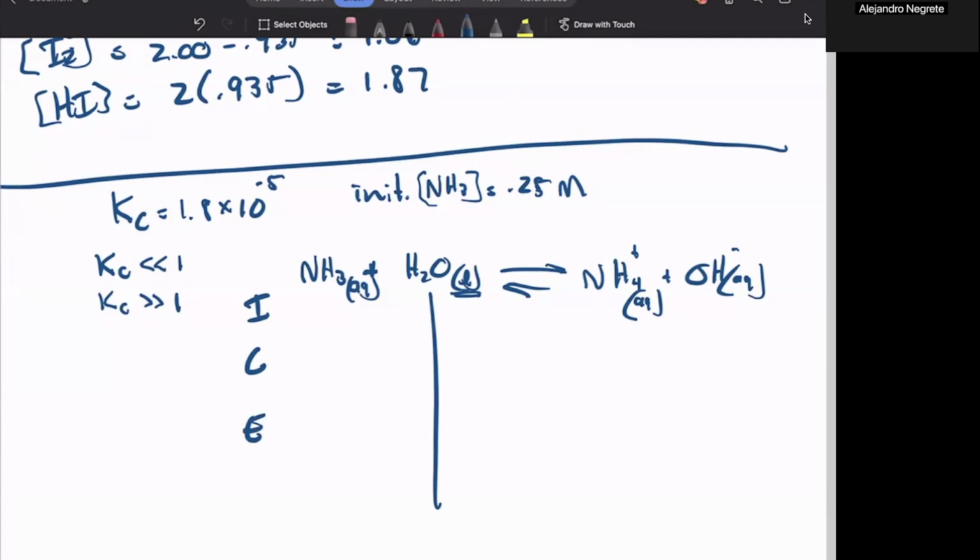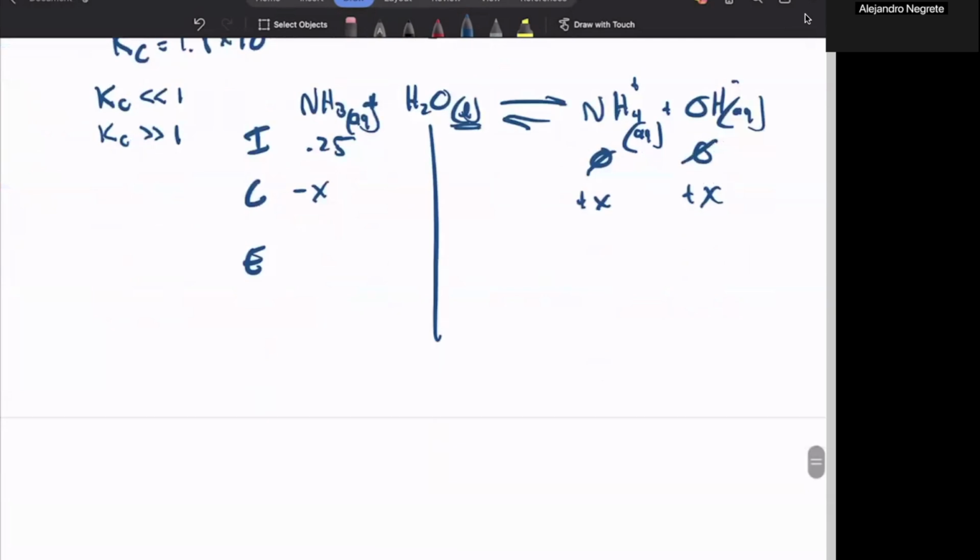Now, the initial concentration we have here is 0.25. This is 0 and this is 0. Our change here is going to be minus x, plus x, and plus x. So the equilibrium concentrations will be 0.25 minus x, x, and x. So now our formula for K sub C. The formula for K sub C in this one is actually not too difficult.